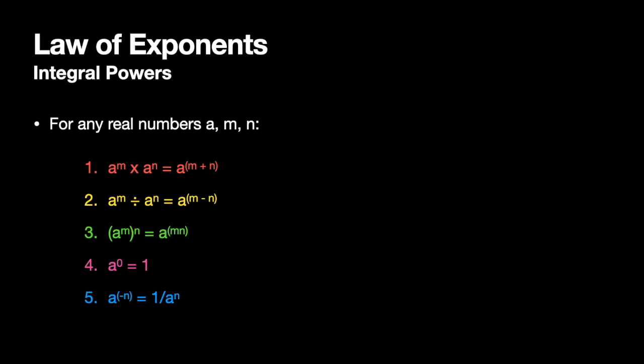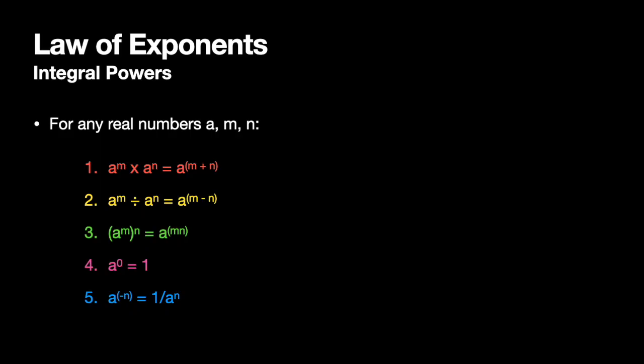And lastly is negative exponents. Now it's important to note that a number raised to a negative exponent is not negative itself. The final answer will still be positive because a raised to negative n, or a to the power of negative n, is simply the reciprocal of a to the power of n.